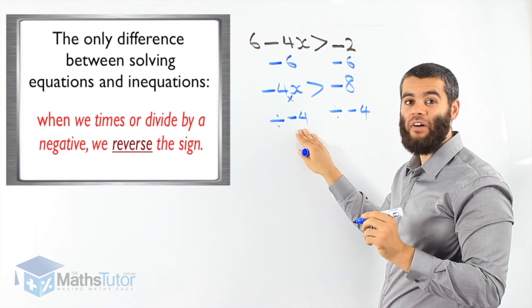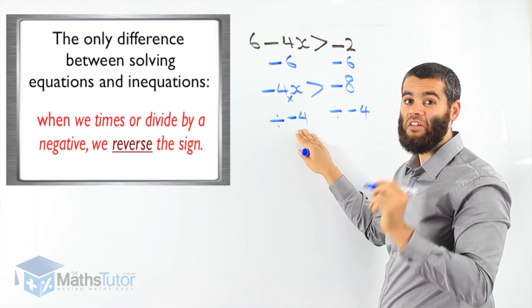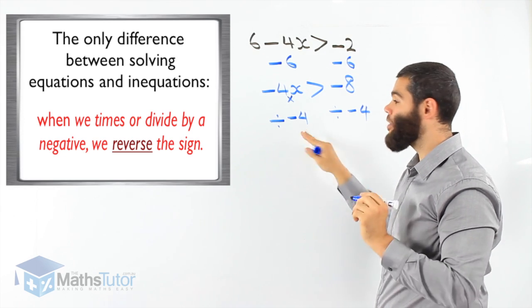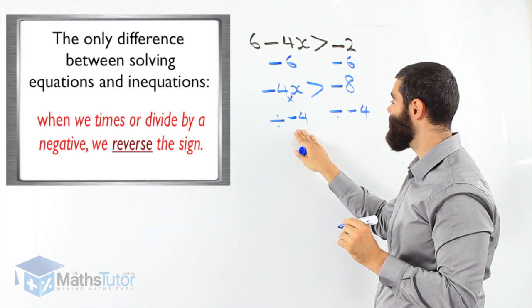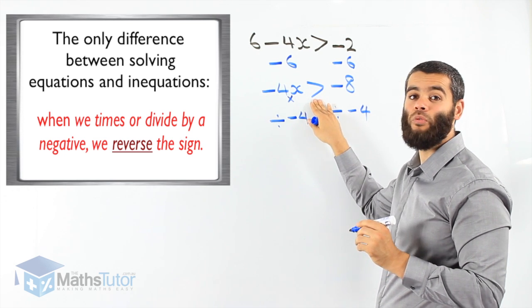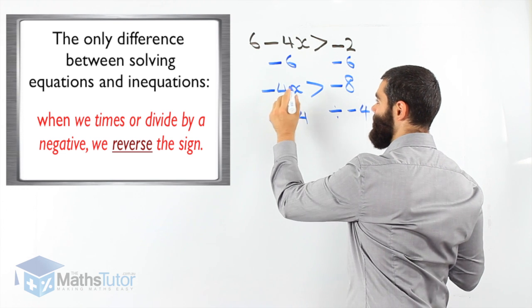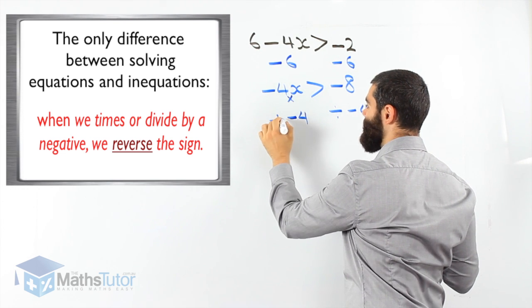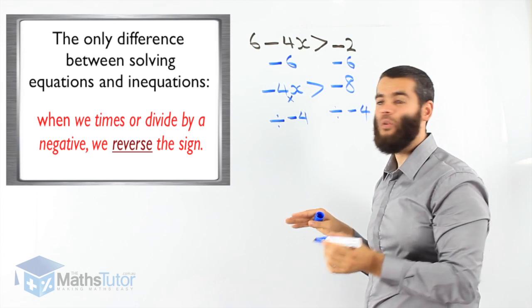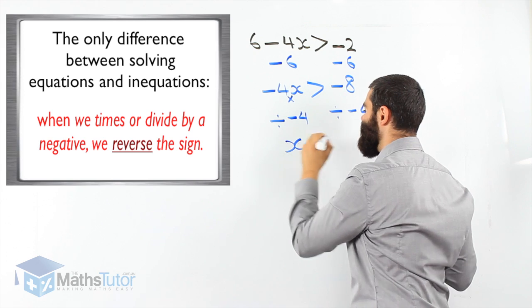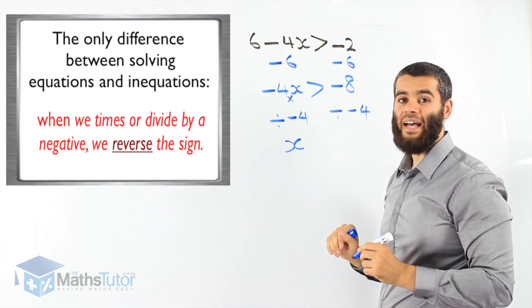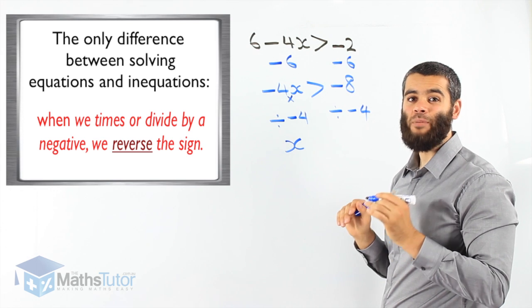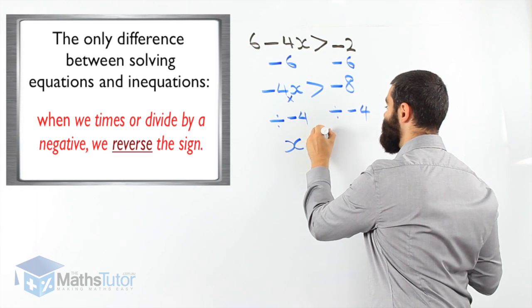Whenever you can identify that, that's why I say always zoom in, always concentrate. When you multiply or divide by a negative, the sign will reverse. Negative 4 divided by negative 4 is just positive 1, so basically 1x.